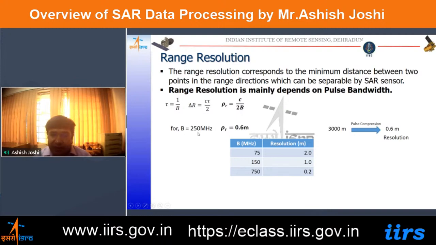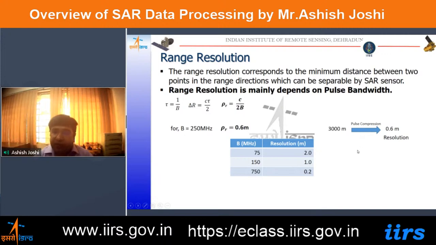If the bandwidth of the signal is 250 megahertz, then we get a range resolution of around 0.6 meter. So by using the pulse compression technique, the 3 kilometer range resolution is now equal to 0.6 meter resolution.